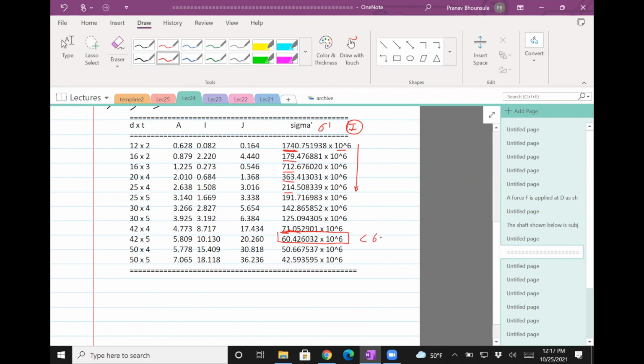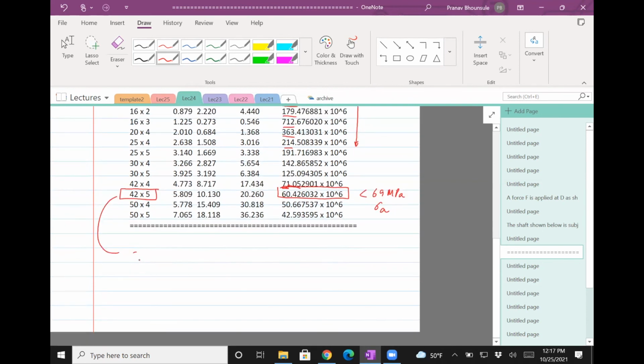This is less than 69 MPa, which is sigma A. So we can choose this stock size. Diameter is 42 mm and thickness is 5 mm.